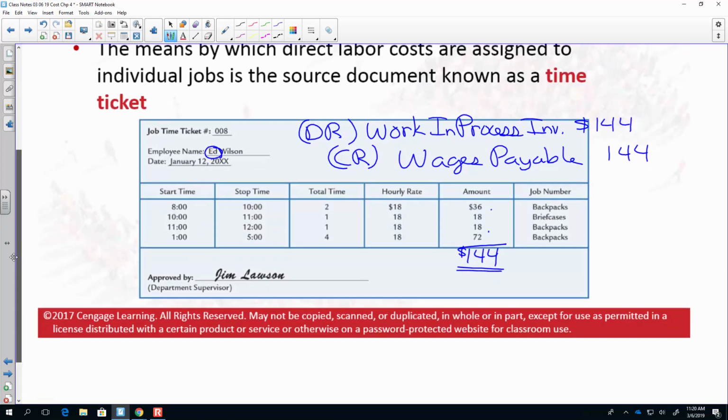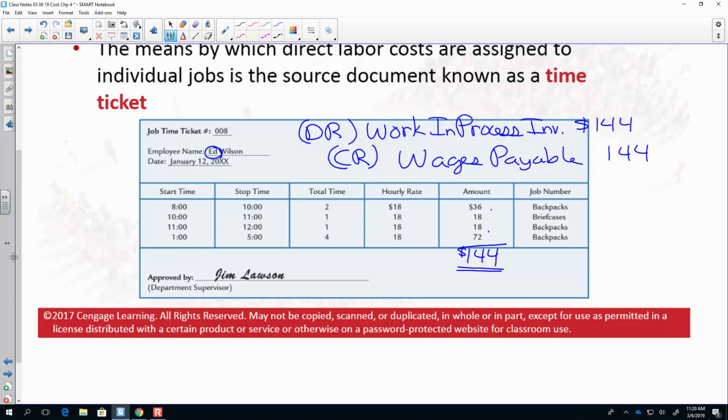Why is it only the direct that gets to WIP? That's our cost of goods sold, right? That's our cost per unit. That's the only way it's there. What about Yi, who is our maintenance person that works on the machines? We pay Yi, what's the journal entry there? Overhead.